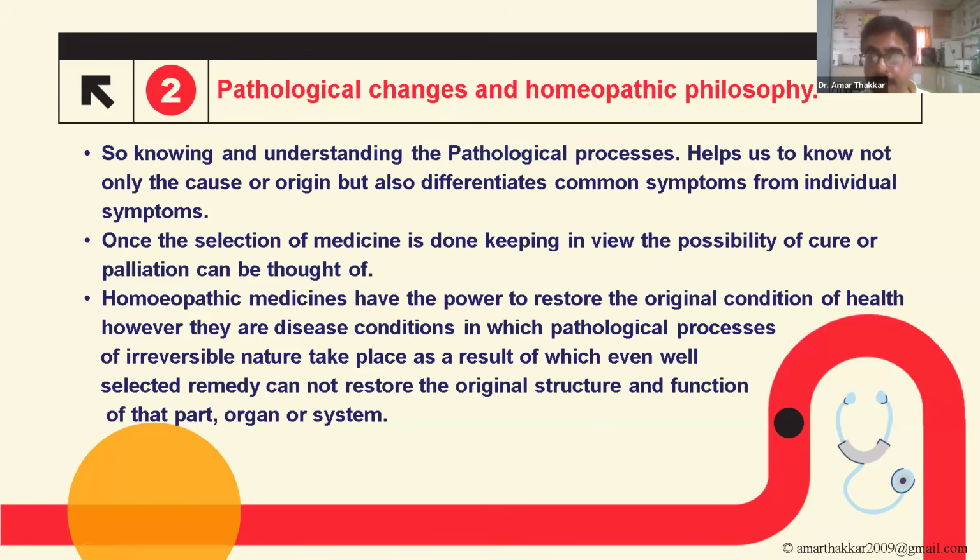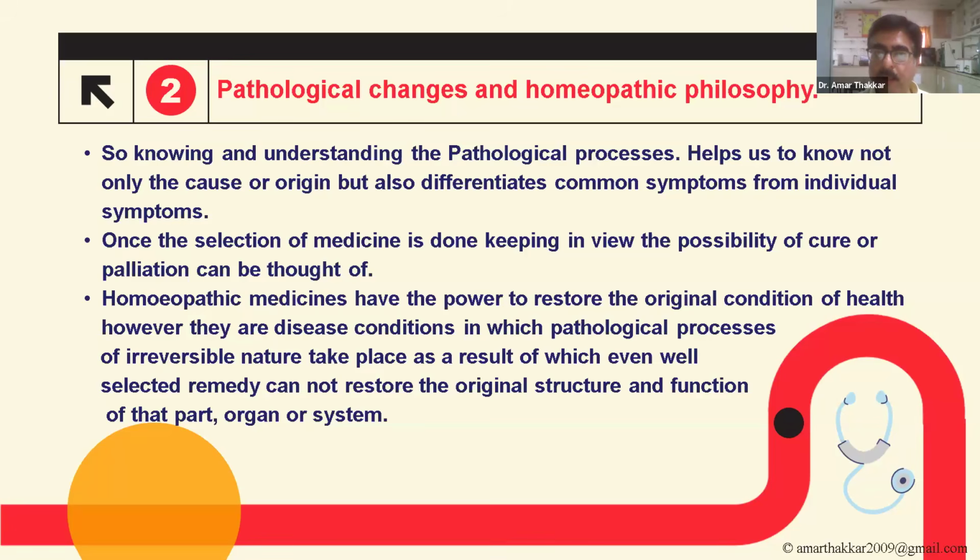That can also be many times understood from pathological processes, because when you study any pathology, you will come across words like reversible and irreversible. So, under certain predestined conditions, there is always a possibility that irreversible changes will be permanent even if you give them a medicine which is well selected.